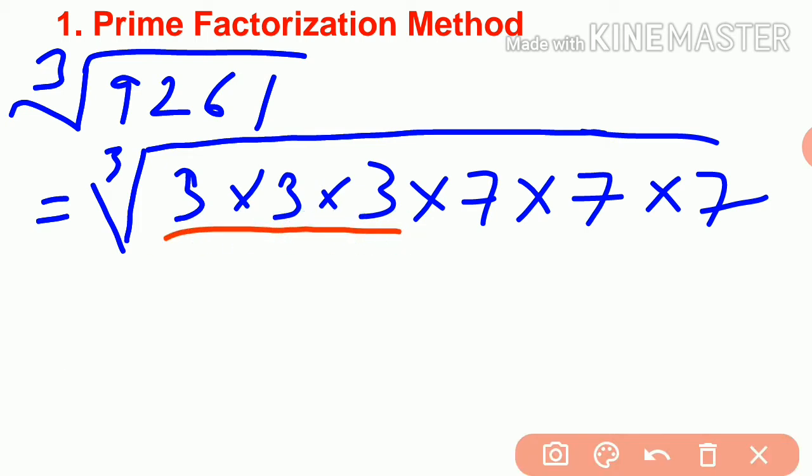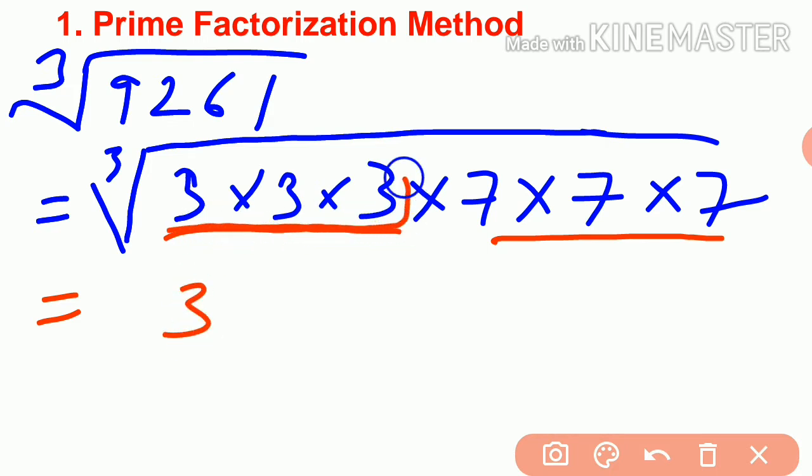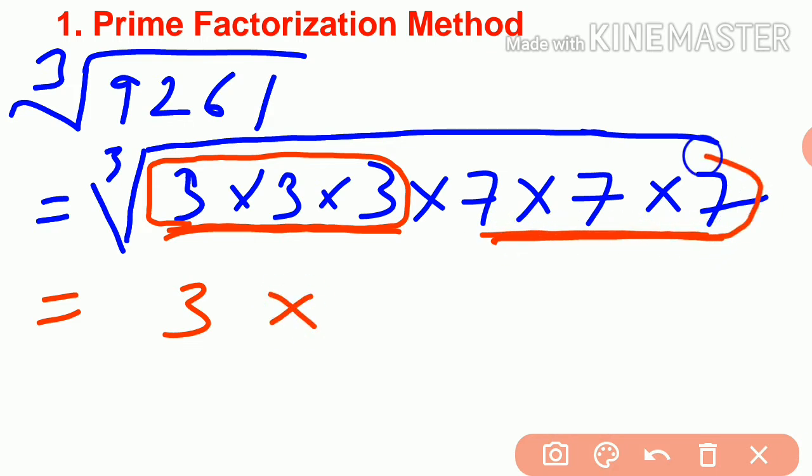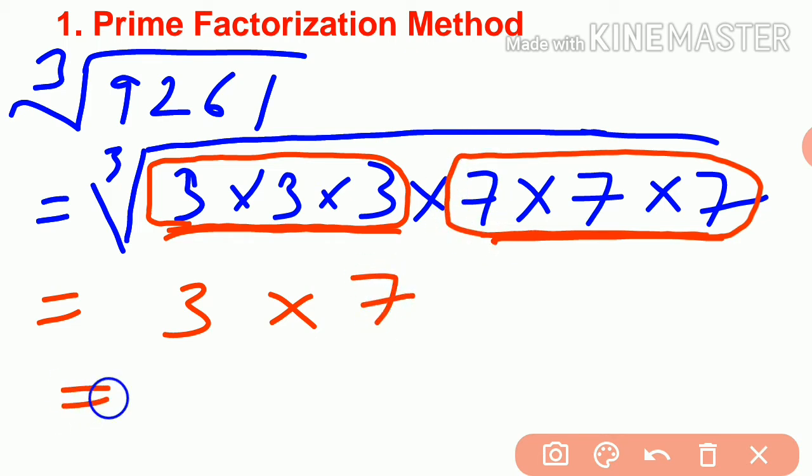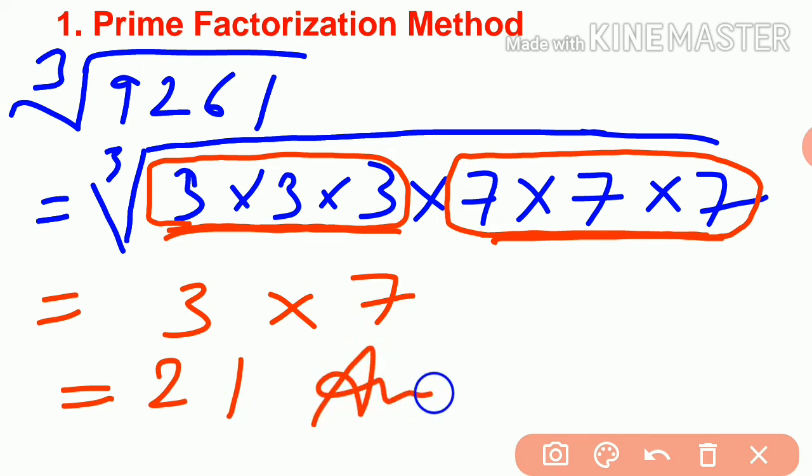This is one triplet of the number 3, and this is the next triplet of 7. So we will write 3 for the triplet of 3, and 7 for the triplet of 7. So 3 times 7 is 21. 21 is the cube root of this given number.